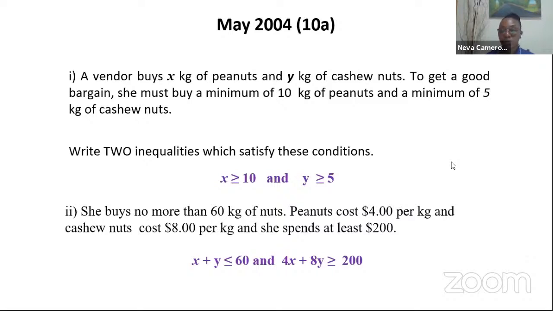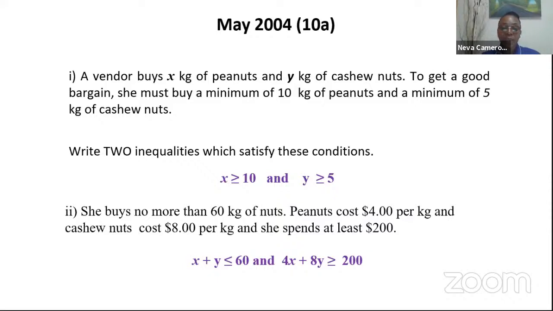Now, students, when you see expressions or inequalities like these, we can factorize. Can anybody factorize the 4x plus 8y greater than or equal to 200 for me and tell me what would be a simpler inequality for this? All right, Brittany is on par indeed.